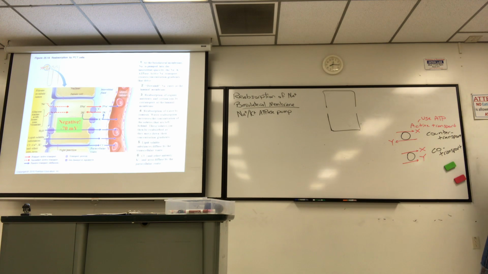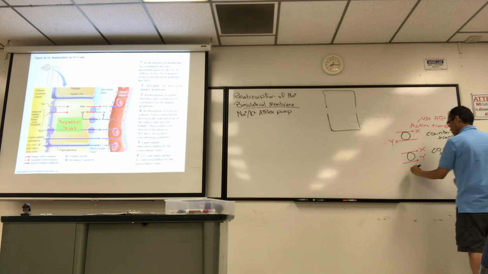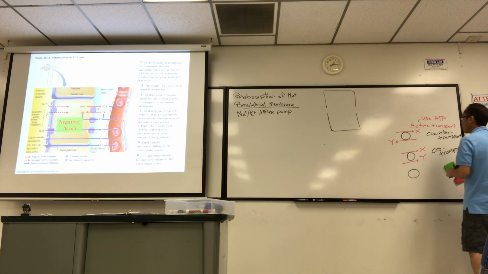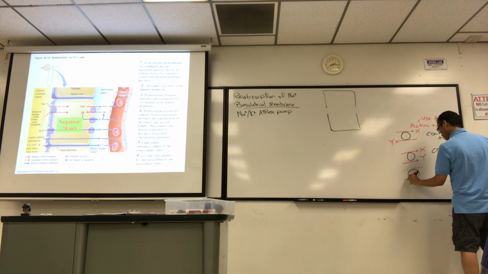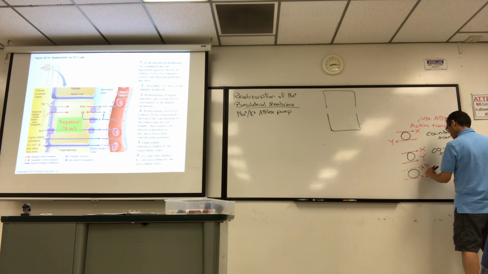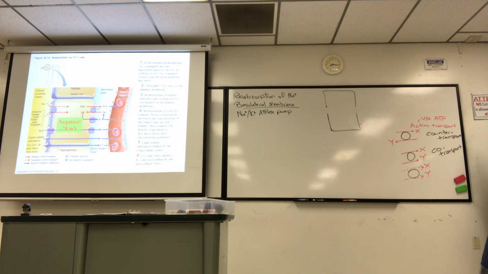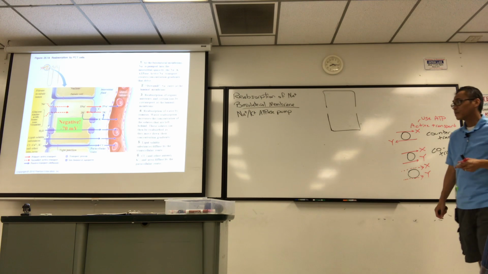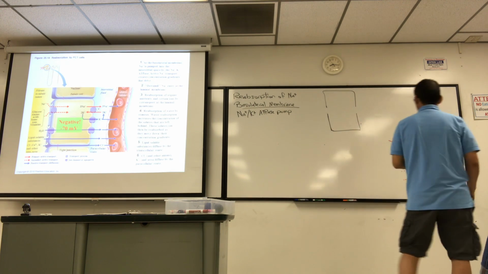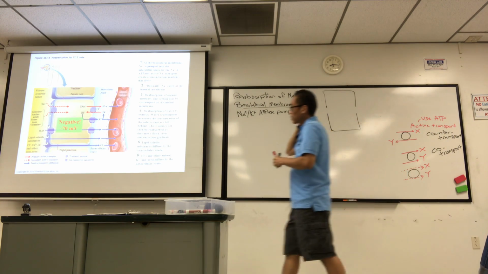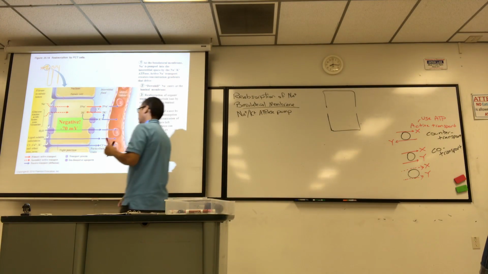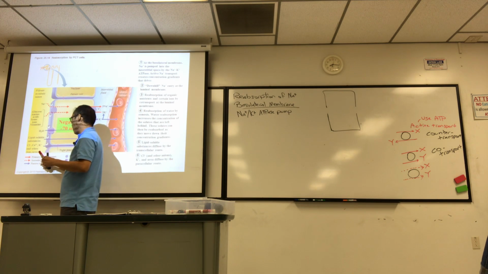However, if you have dotted lines for X and Y, it's co-transport, but it's not active, it's passive. No, I'm sorry, it's not passive, it's secondary active transport.